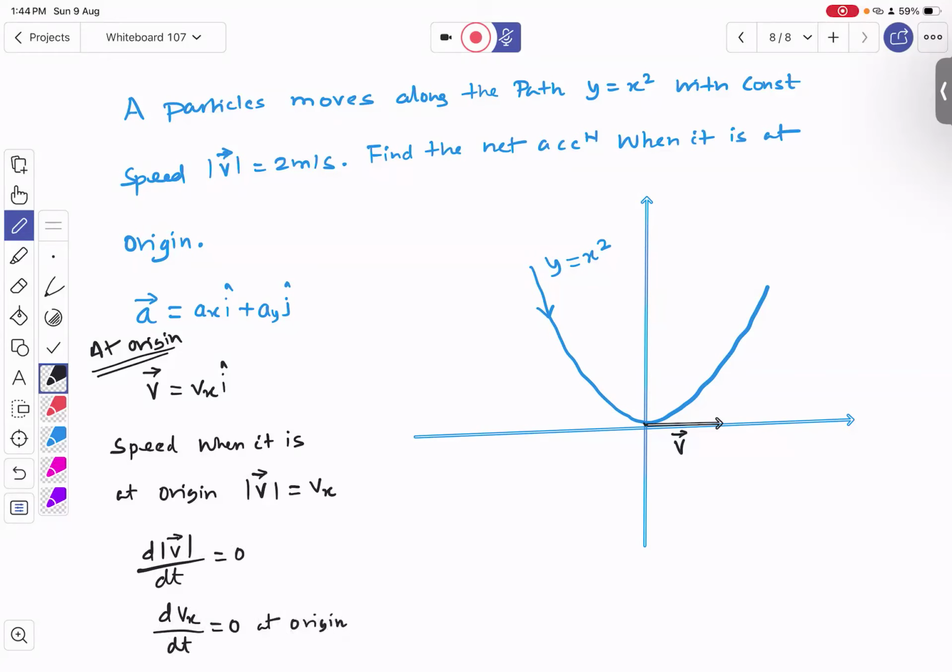At origin, the rate of change of its x component must be 0, because if not 0, then speed is changing. Speed cannot change; its rate of change must be 0. For the rate of change of speed to be 0, the rate of change of Vx should also be 0, because speed at origin is the same as Vx. It means at origin, the acceleration it has along x is 0.